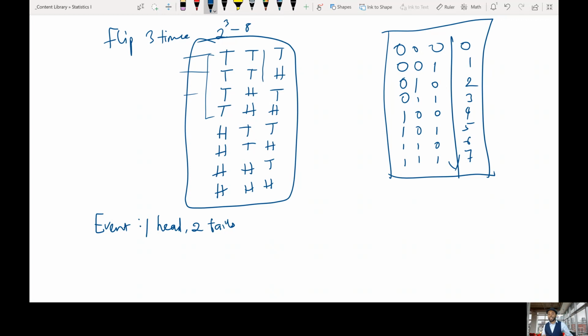So before we get probability, how many ways can we have 1 head and 2 tails? So look at this. 1 head and 2 tails. This is 1. 1 head and 2 tails. This is 2. 1 head and 2 tails.